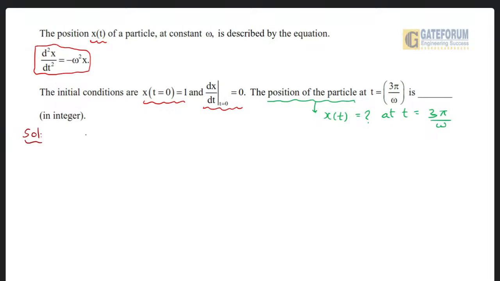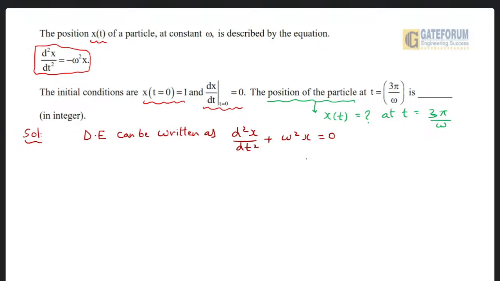So differential equation, DE stands for differential equation. Okay, it can be written as, just bring the right side term to the left side, d square x by dt square plus omega square x is equal to 0. Here x is our solution, displacement, that means position of the particle, t is time.